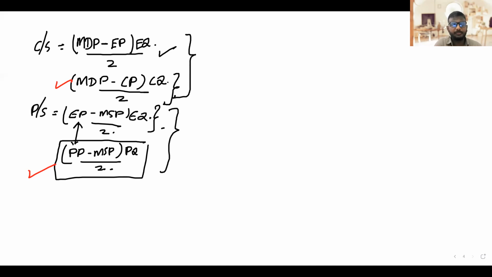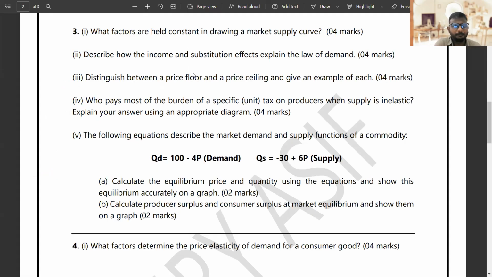So now I believe you might have received some idea of how to do questions from chapter number 2 also, and 3 as well. We talked about price ceiling, price floor, and then we went on and talked about the tax incidence part.